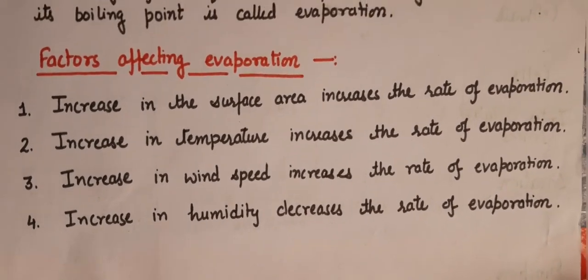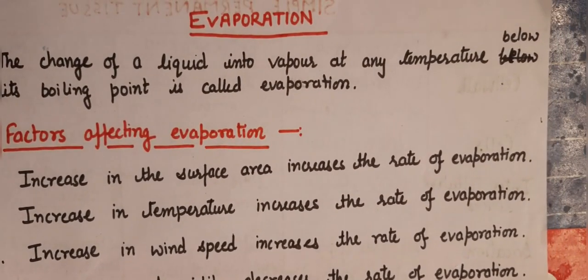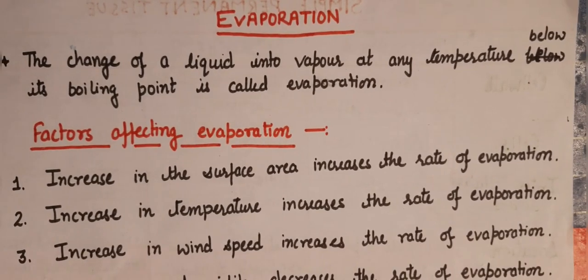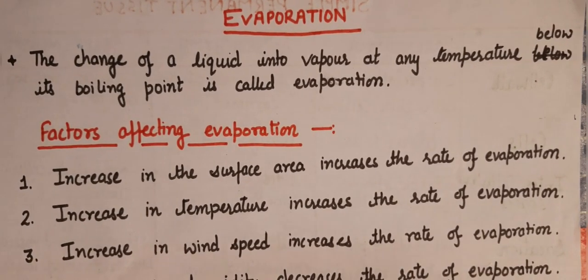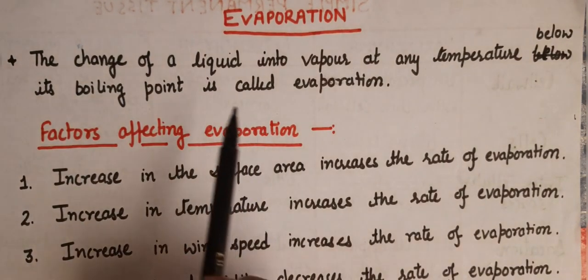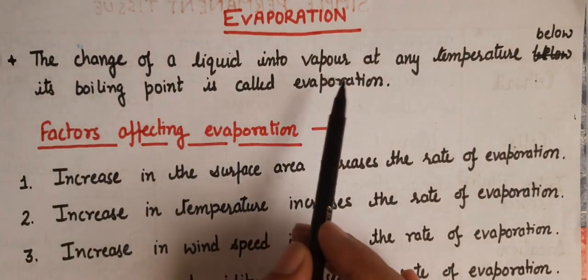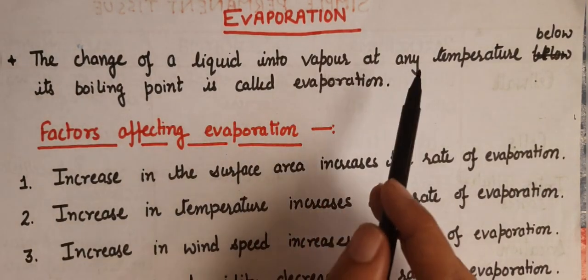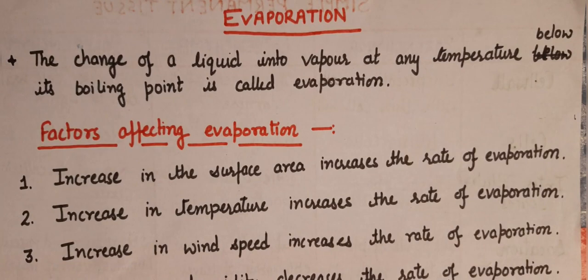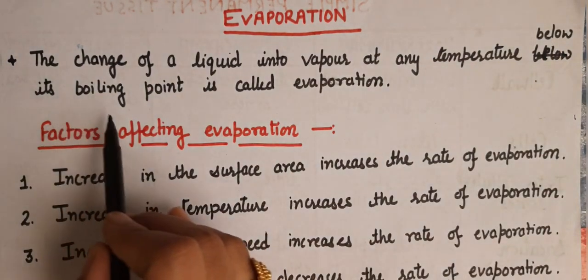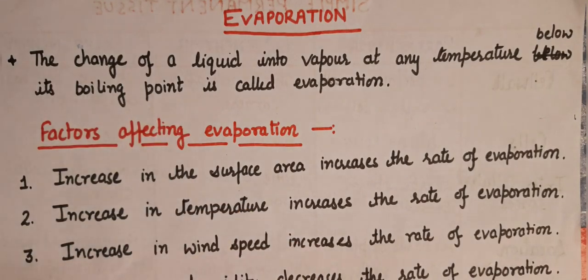So friends, do you know evaporation? What is evaporation? Evaporation is the change of liquid into vapors at any temperature. At any temperature means at room temperature, but below its boiling point.